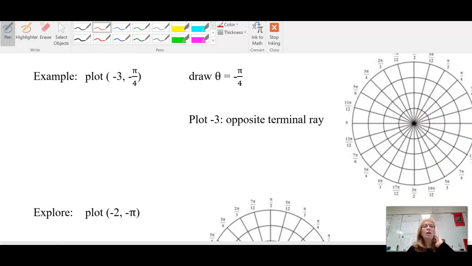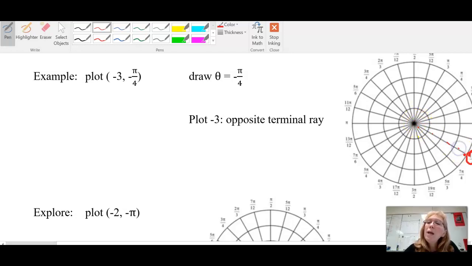All right, now this one's a little bit evil. We have to go negative pi over 4. This is a little bit off here. Can I move this? So negative pi over 4 means I'm going down pi over 4, just like we did in our other graph, so we are in our rectangular. So we are right here, negative pi over 4. Now I have to go negative 4 from here.